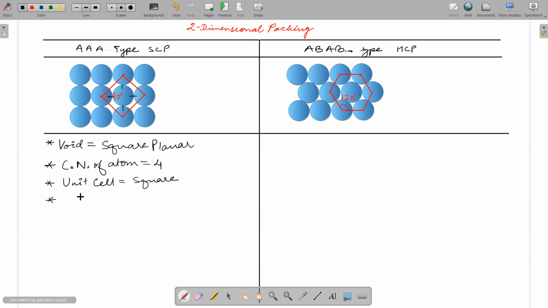What else do we know here? We know its packing efficiency. Packing efficiency is equal to how much? 78.5 percentage. So what will be its void percentage? 21.5%. Then what will be its packing fraction?